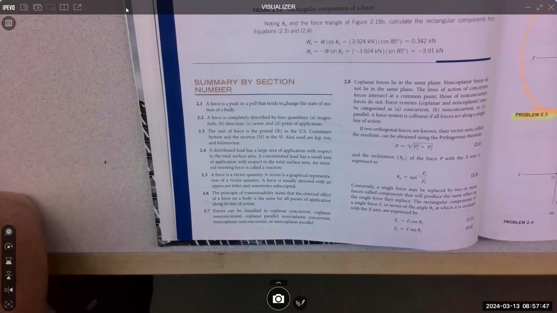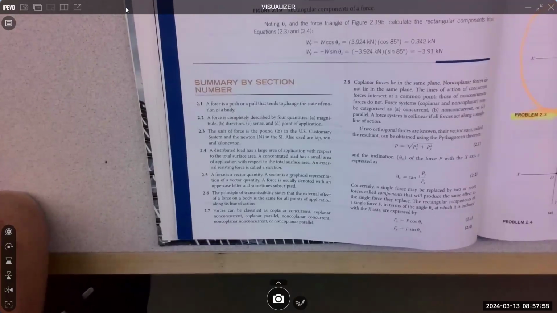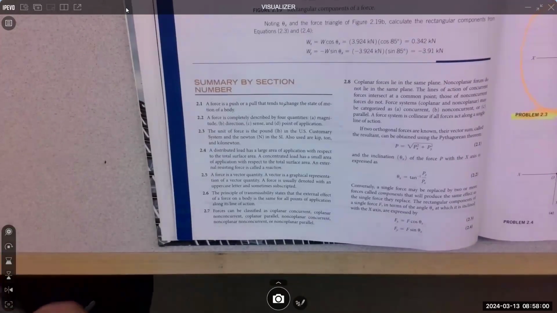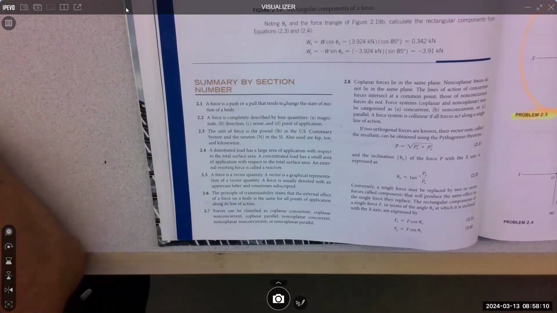What am I looking for when I say find the components? What are the things I want to know? X and Y components, yep. What else? Important thing. If they're rectangular components, they're horizontal and vertical, right? Direction, which way it goes. Is it negative, positive? So don't forget that.